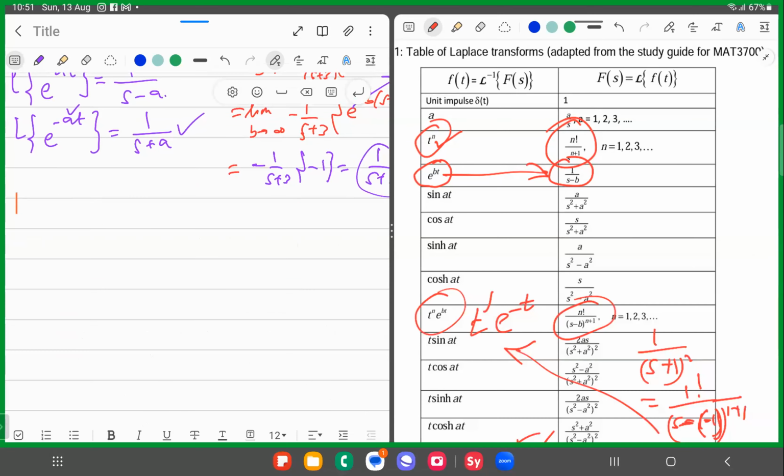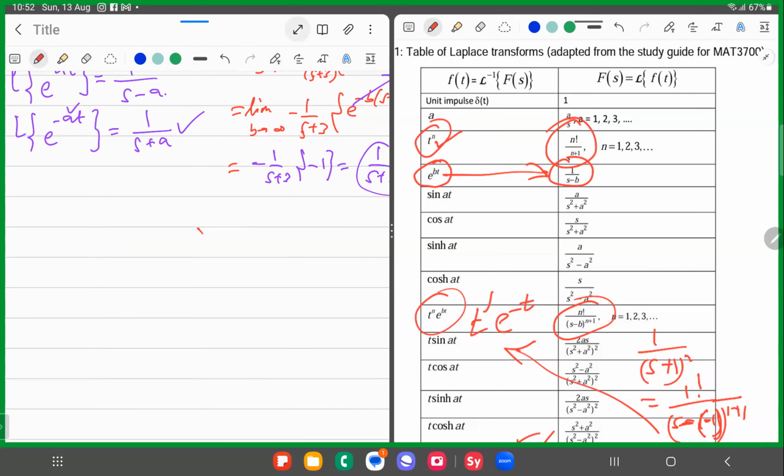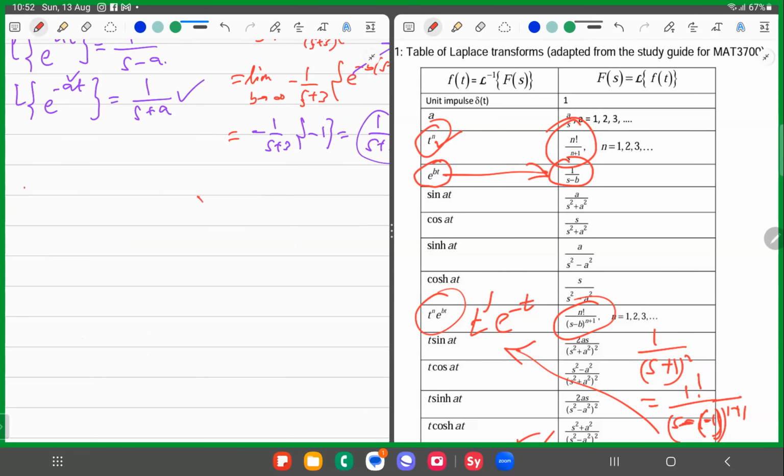It activated the text mode, so you'll just forgive me there. It doesn't really matter what this is doing. But yeah, I was saying the Laplace transform of e to the bt, using the tables, is this one. But in the exam, you're expected to also do it without the table.